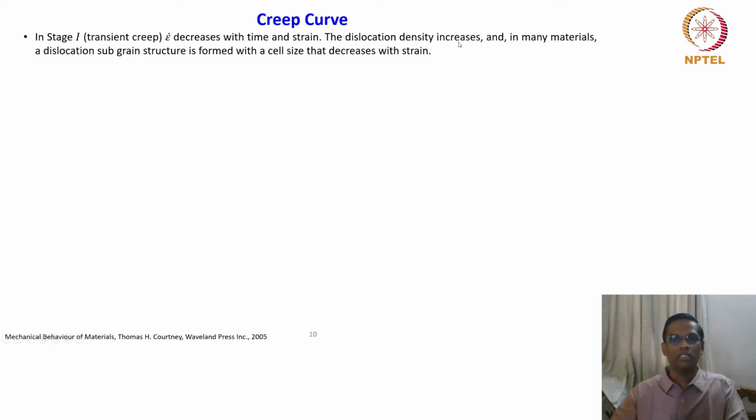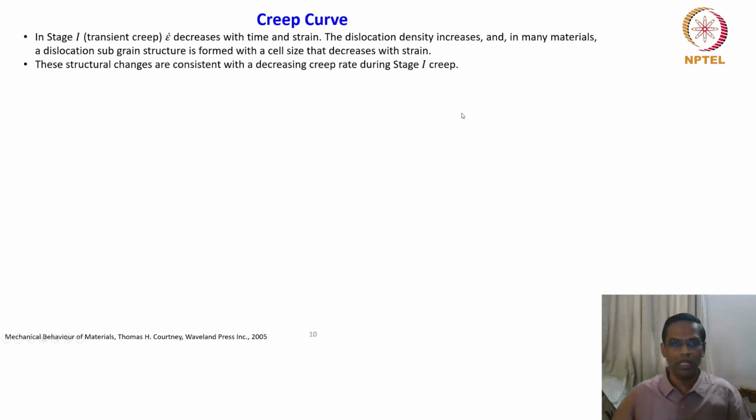The dislocation density increases because of work hardening, and in many materials a dislocation subgrain structure is formed with a cell size that decreases with strain. So as the strain increases as a function of time, people have observed that the cell size also decreases. These structural changes are consistent with a decreasing creep rate during stage 1 creep.